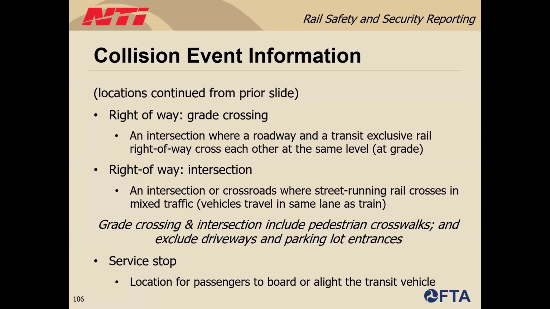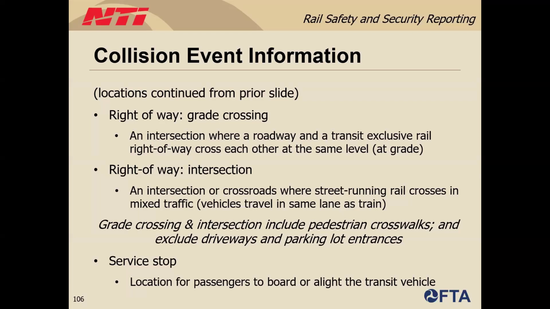This should now be used to capture collisions at an intersection or crossroads where street running rail crosses in mixed traffic. This selection would be primarily used for streetcar and cable car systems, though there are exceptions. Both the grade crossing and intersection locations include pedestrian crosswalks and exclude driveways and parking lot entrances. However, there are many configurations and positions of crosswalks, so you may have questions about the location, and if you do, please feel free to contact us.